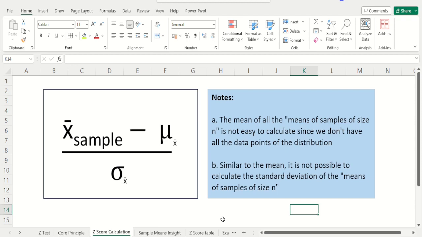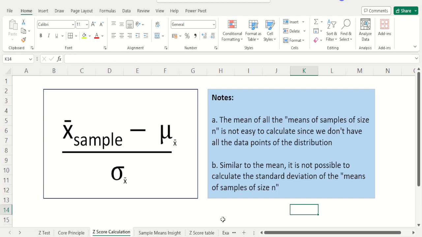The next term to look at carefully is the mean of samples. Now, you can't really calculate the mean of samples in all cases, because it can be a very exhaustive list, especially if the size of your samples, or the number of data points in a sample, starts increasing. You can have progressively larger and larger numbers of samples to look at and calculate the mean of.